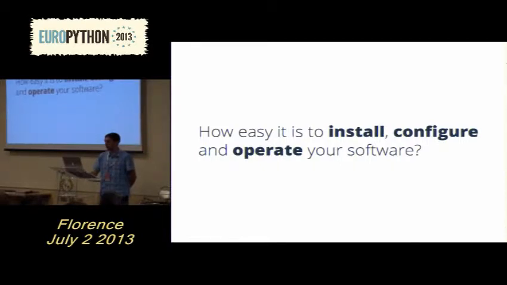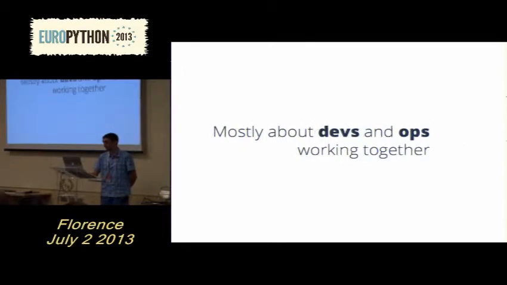So what I mean by deployability is how easy it is to install, configure, and operate your software. So developers and operations people need to work together, and developers must have an understanding of the infrastructure that their apps are going to run on, and operations people also need to have some understanding of how the apps work.